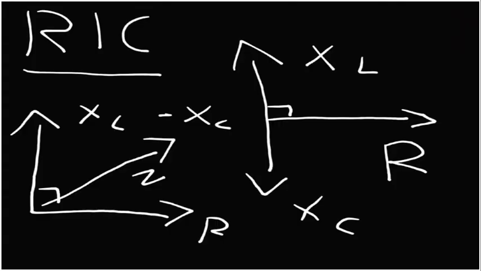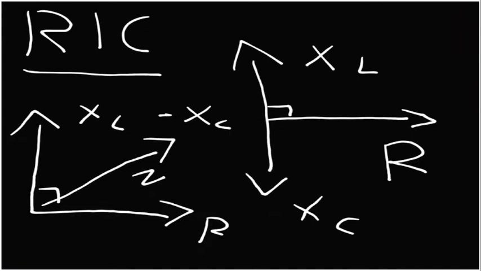As shown here in the right one, XL is perpendicular to R, which has the same direction as I, and XC is also perpendicular to R, but in the opposite direction. XC and XL have opposite directions, so we can subtract them to give us the left figure.